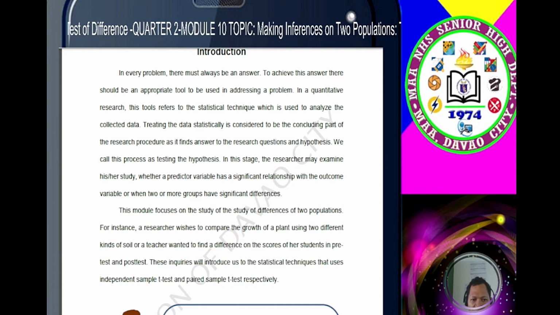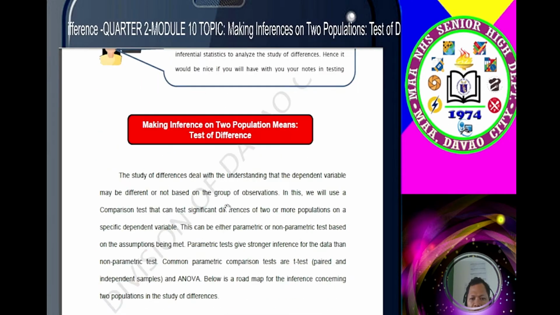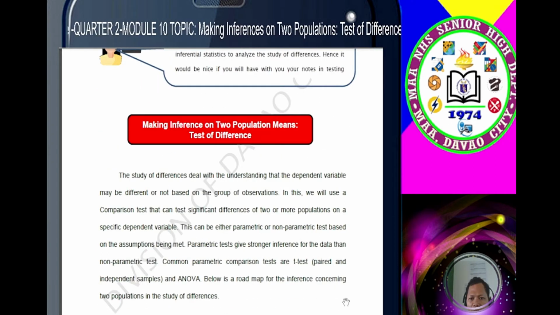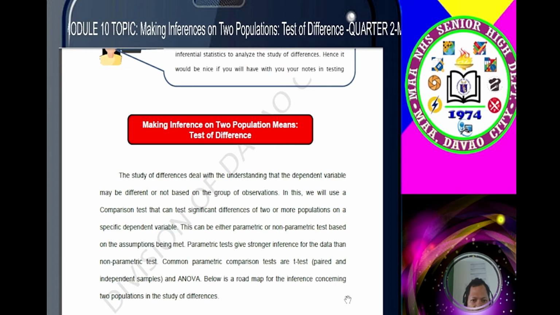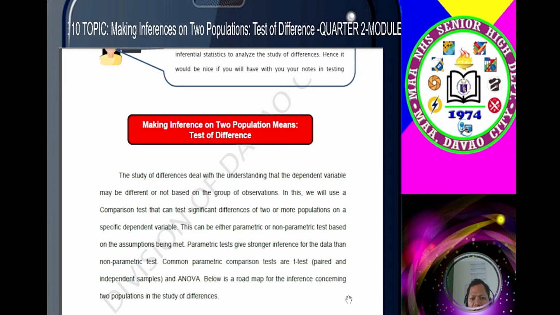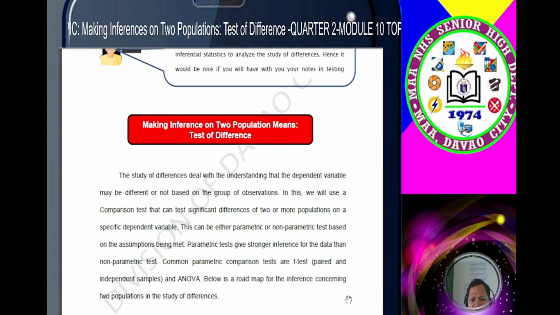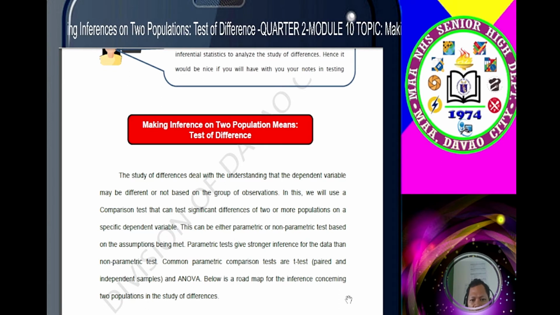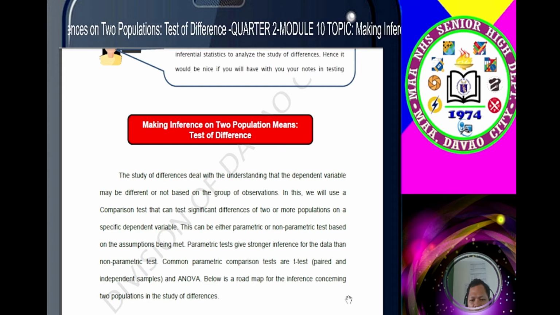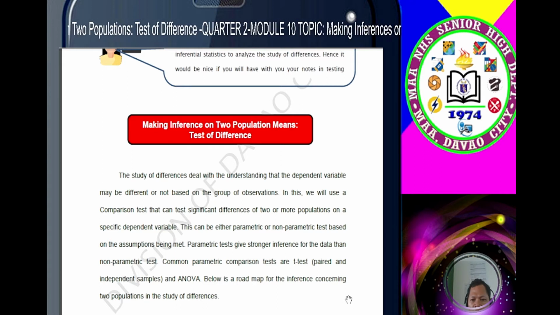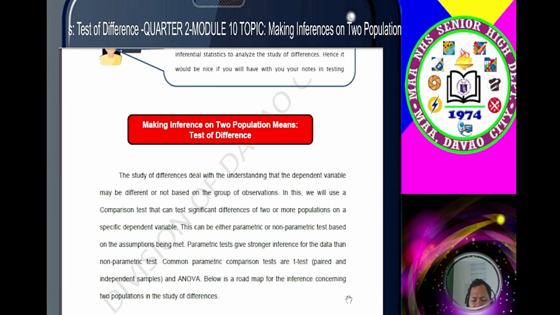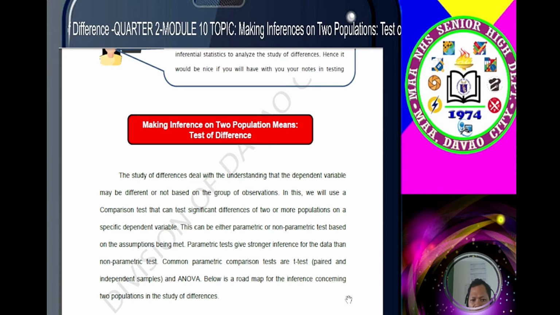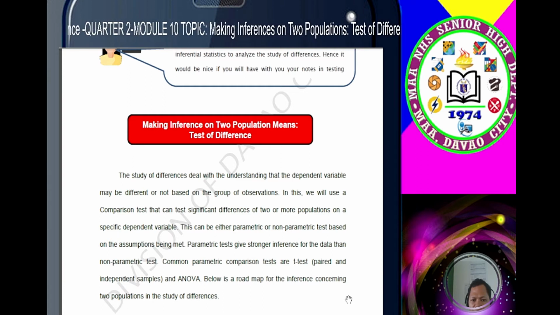So let's go to our topic: making inference on two population means, the test of difference. The study of differences deals with understanding whether the dependent variable may be different or not based on a group of observations. Here, we will use a comparison test that can test significant differences of two or more populations on a specific dependent variable.